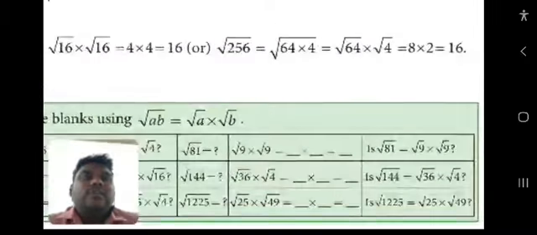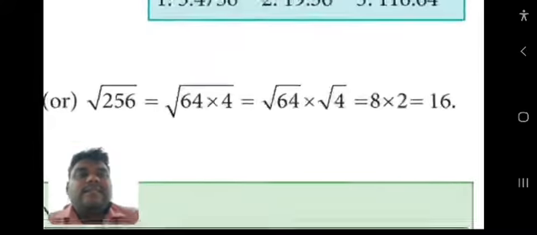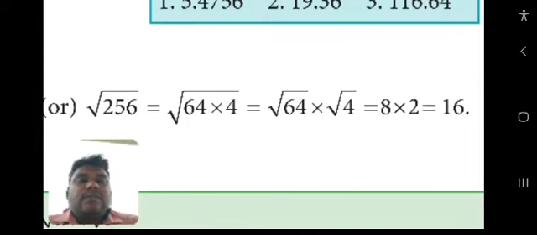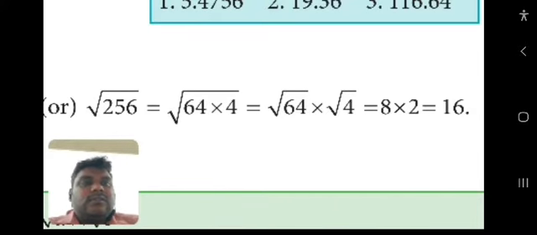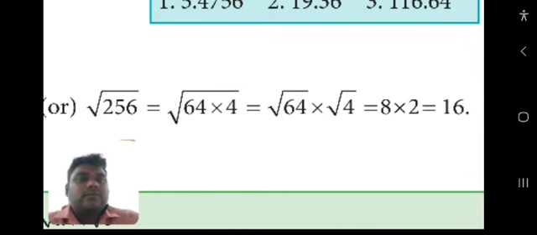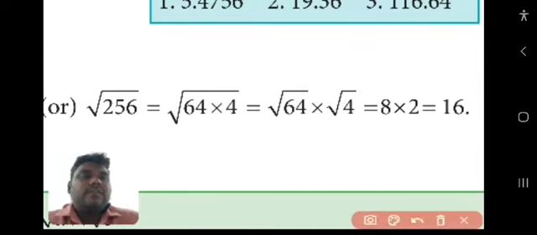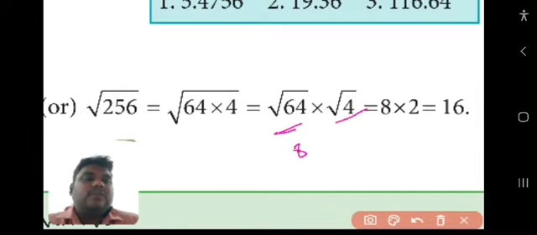So for a product of numbers, root of a into b you can write as root a into root b. There is another method to find the square root of 256: root 256 can be written as 64 into 4. So we can use the formula root a into b equals root 64 into root 4. Root 64 is 8, since 8 eights are 64. Here 2 twos are 4.